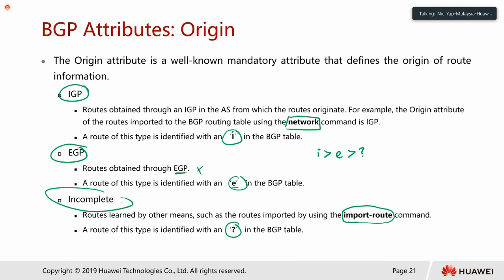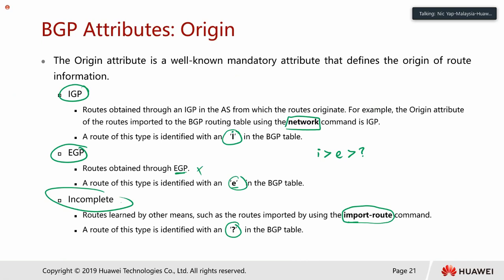They will always prefer I, E, and question mark, in descending order. I is the top, E second, and question mark is the last. Okay, that is the BGP attribute origin.